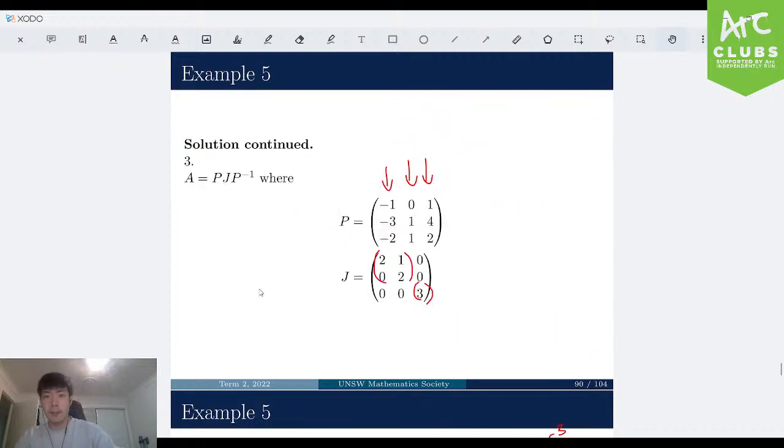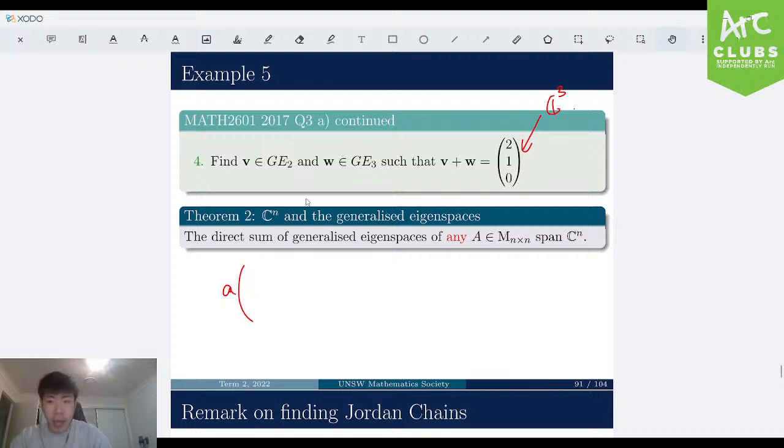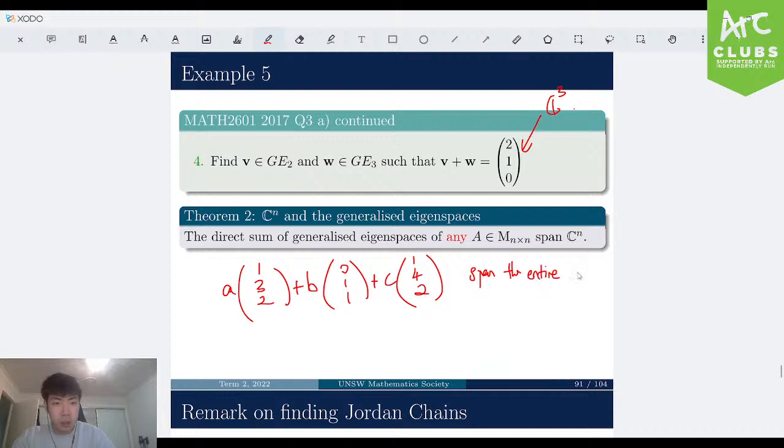So these vectors here will span the entire C3. Okay?